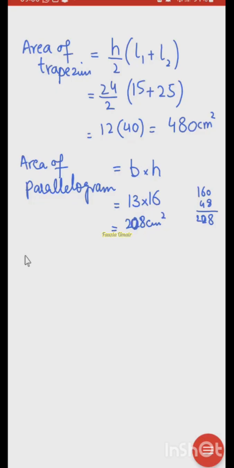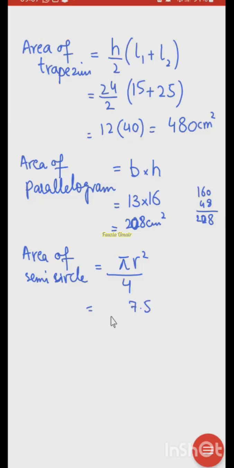So lastly, we need to find out the area of semicircle. We have just discussed the formula. It's pi r square divided by 2, right?